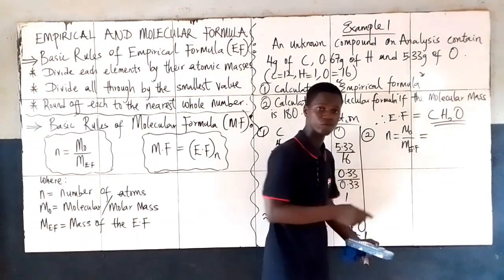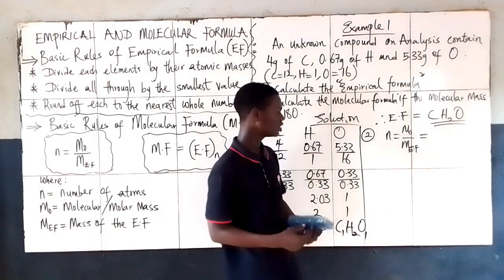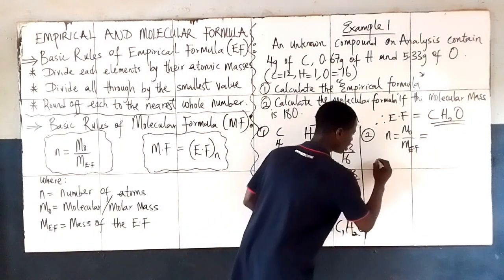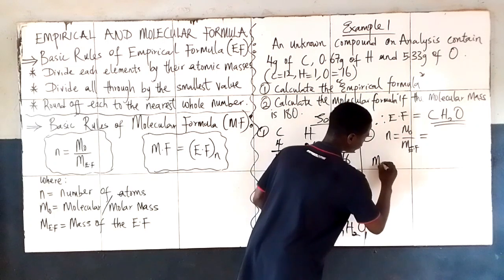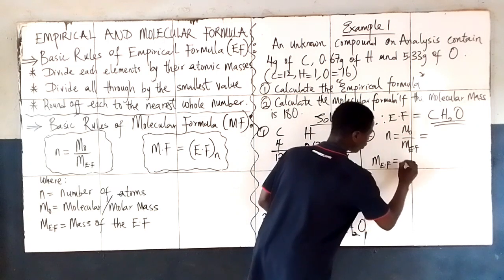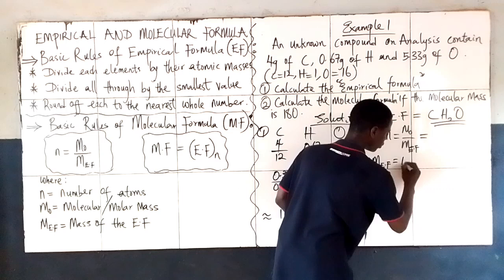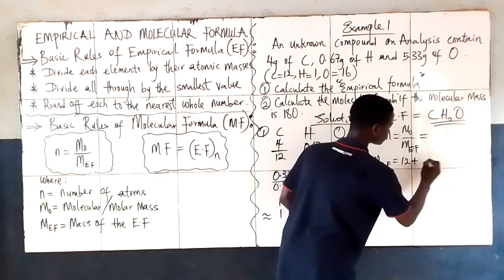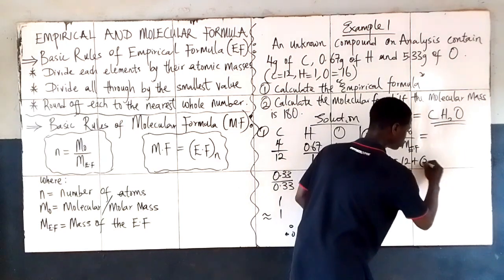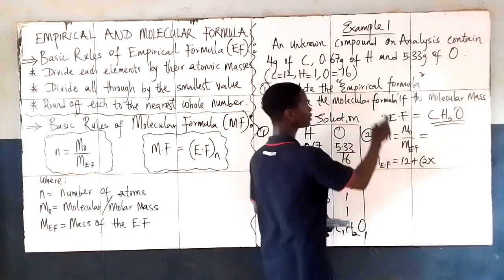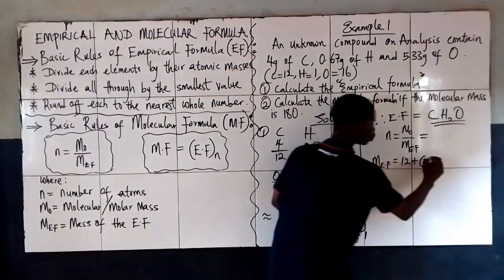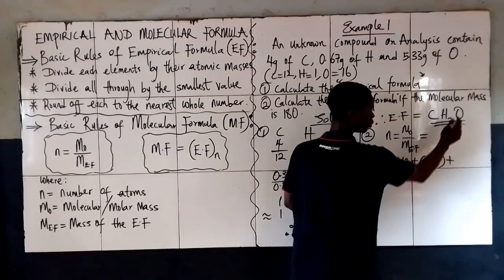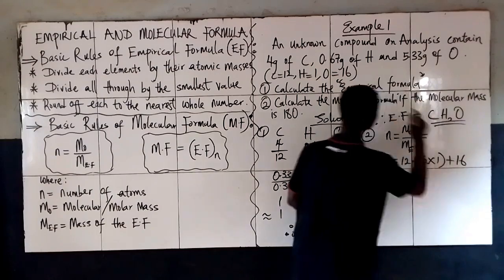CH2O is the empirical formula, so we have to find the mass of CH2O before we solve. So MEF is equal to carbon, 12, plus H2, that is 2 times the atomic mass of hydrogen, 1, close bracket. What is the oxygen?